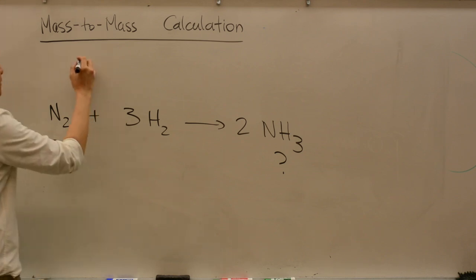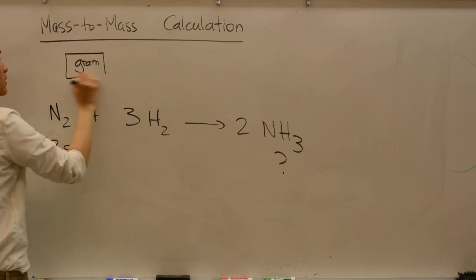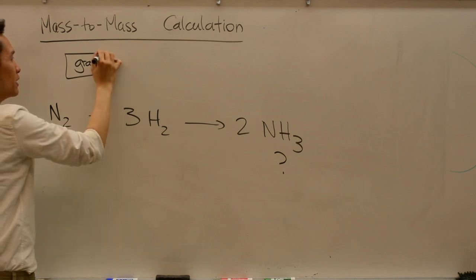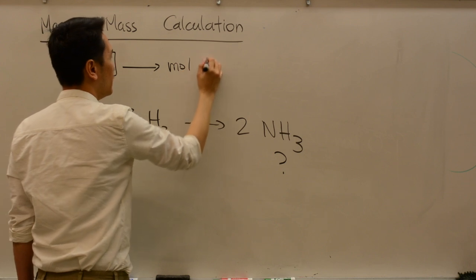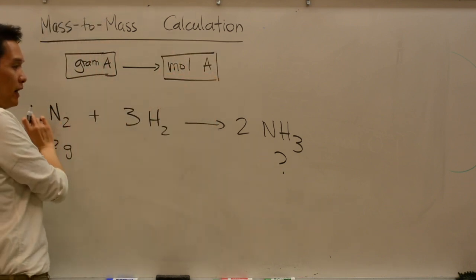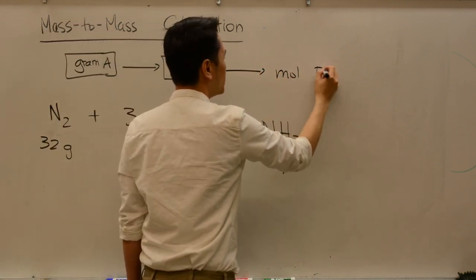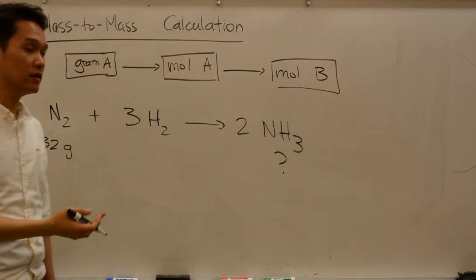So the first step, if you're given grams of something, let's say grams of A, you have to first convert it into moles of A. Once you have moles of A, then you can relate that to moles of B. How do you relate moles of A to moles of B?